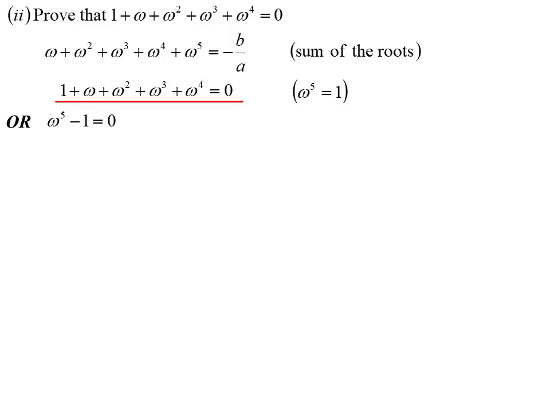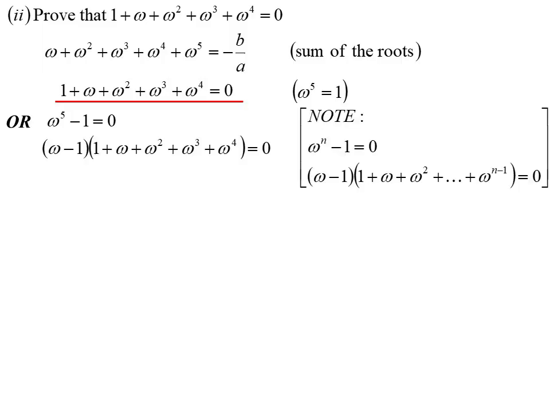I could start with the equation itself and factorise it. Remember, we said omega to the power of n minus 1, if I factorise that, it's always going to have a factor of omega minus 1, and then in the second one, the powers of omega go down by 1, so we'll get omega to the power of n minus 1, n minus 2, and so on, down to omega to the power of 0, which is 1.